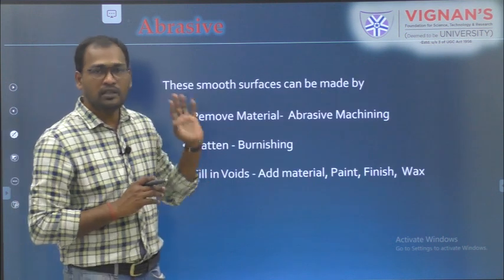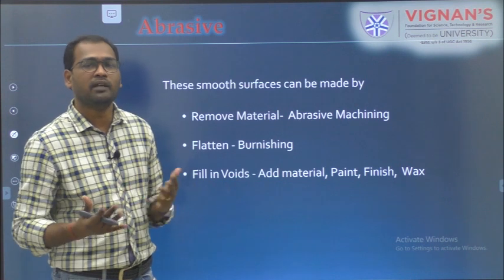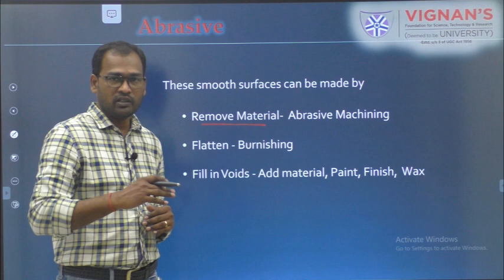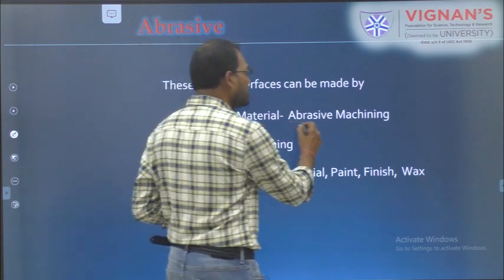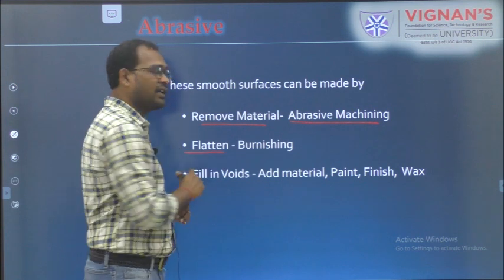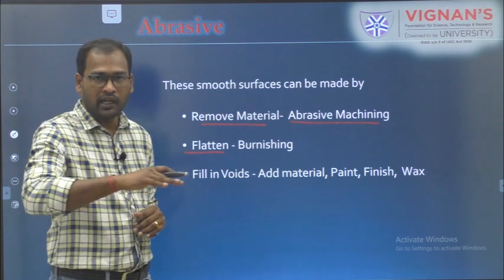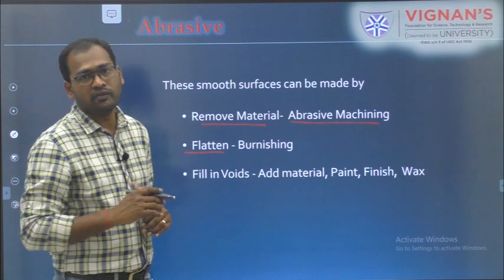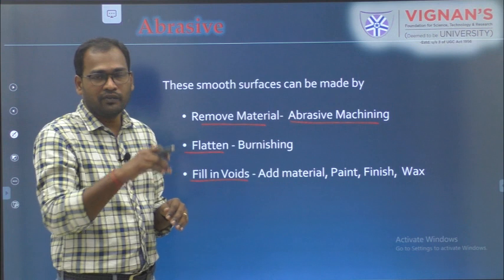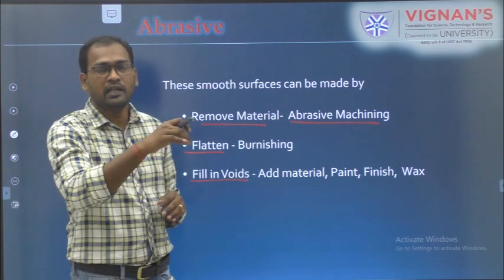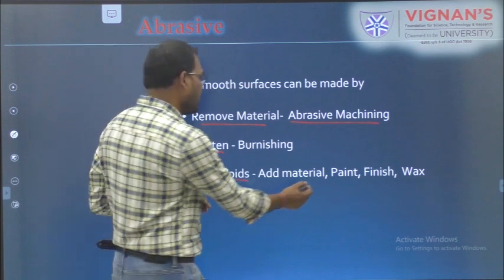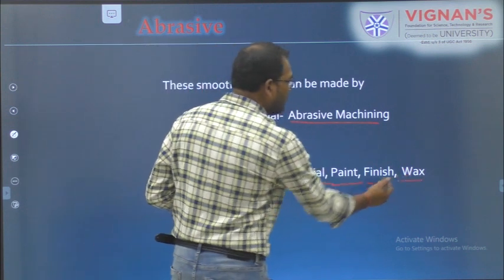These smooth surfaces can be made in different ways. We can remove the material on the surface by using abrasive machining, and we can flatten the surface. We can cut the irregularities on the surface, and we can also fill the voids, if there is any air gap, with some other material like paint, finish or wax.